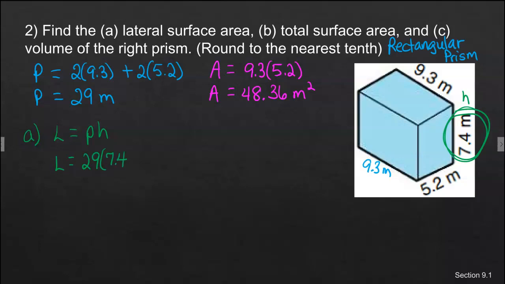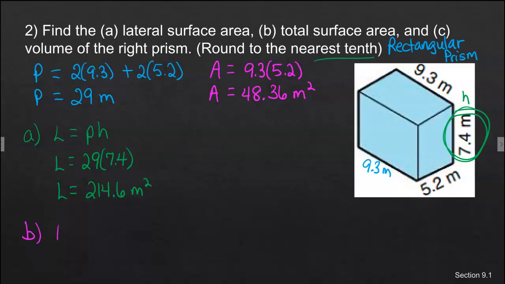So 29 times 7.4. My lateral surface area is 214.6 meters squared when I round to the tenths place. I'm not sure if I had to round that one or not, but round to the tenths if needed. I think this one comes out exact. 29 times 7.4. Because, yeah, I didn't have a wavy equal sign on my notes, so I'm going to go with that.